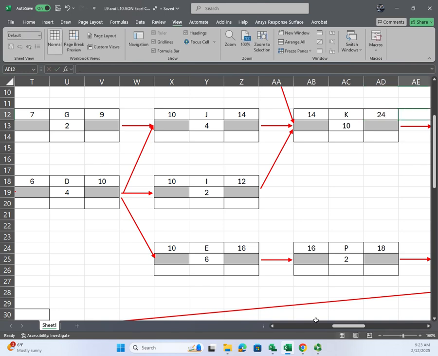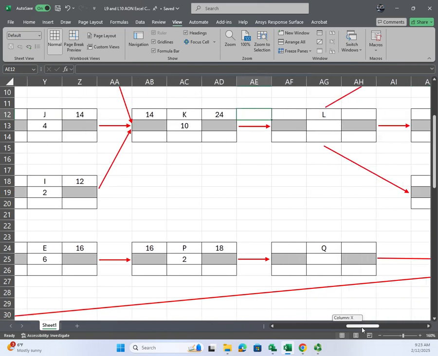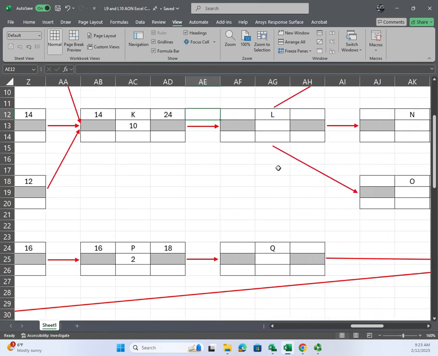Okay, so far so good. All right, so L is all by itself, so it becomes 24. Duration of L is 3, so 24 and 3 is 27. Bingo. Okay, now Q follows P, so Q is going to be 18.